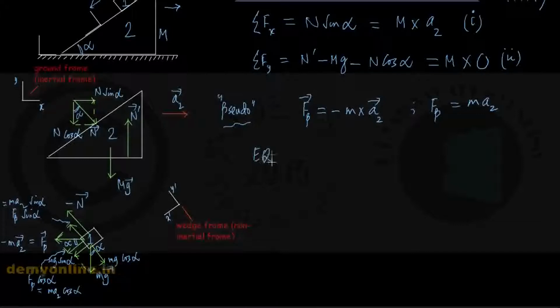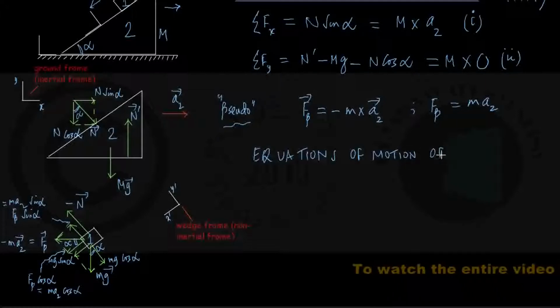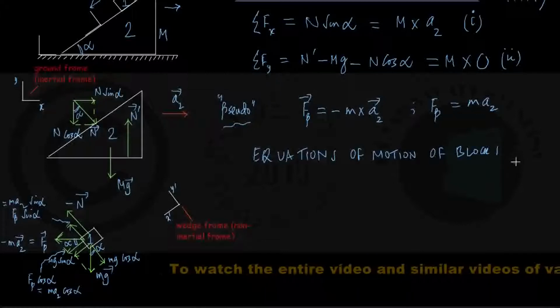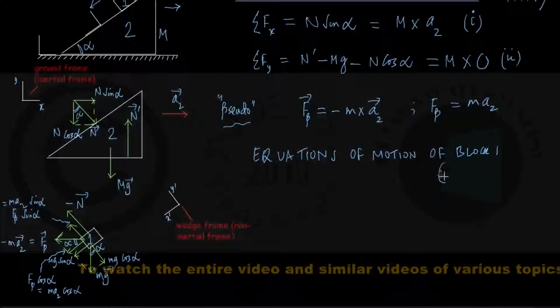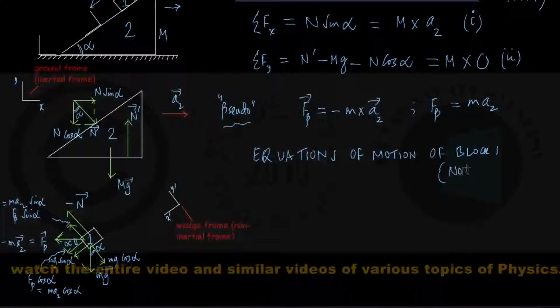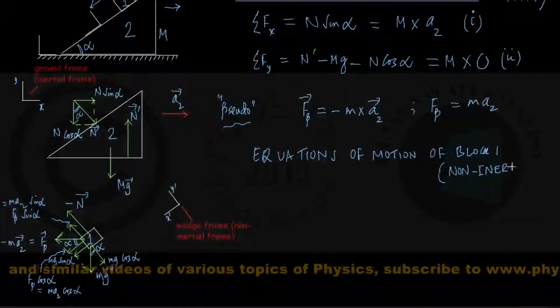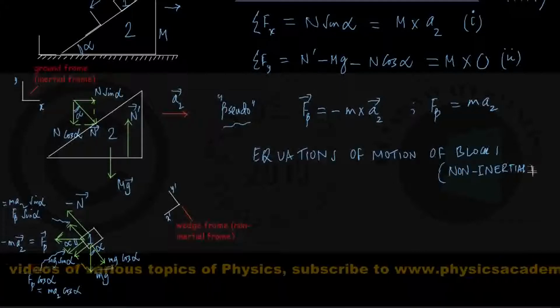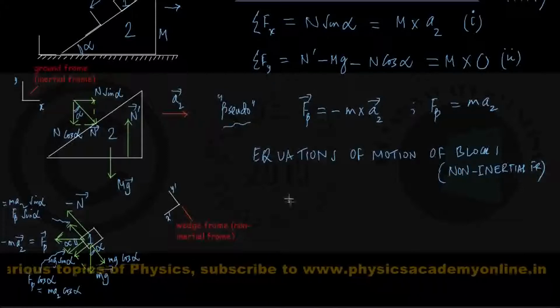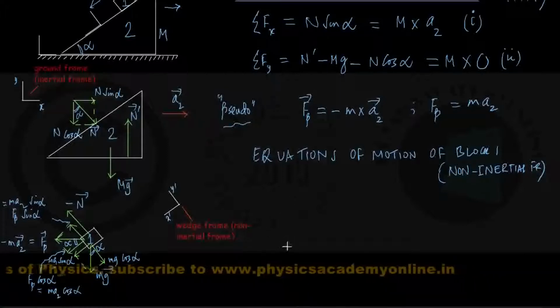We're going to write down now the equations of motion of block 1, and again, we're writing in the non-inertial frame x dash y dash, as you can see from the figure. Okay, so let's proceed and write down the equations here.